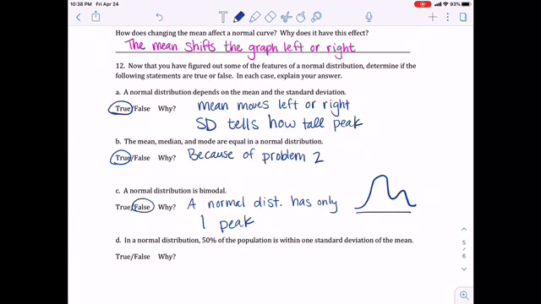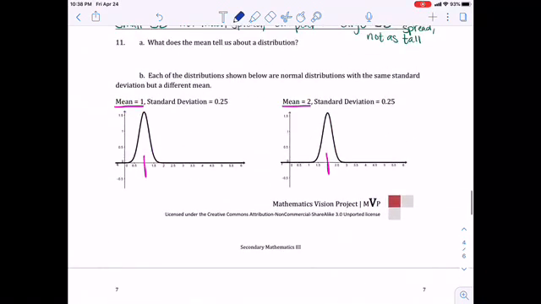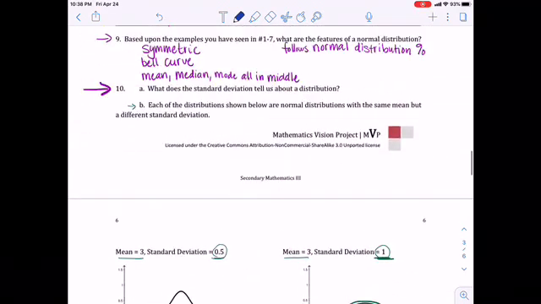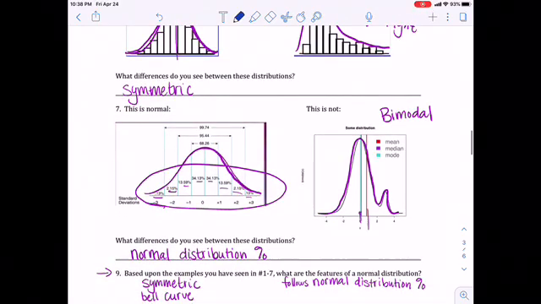The last question, in a normal distribution, 50% of the population is within 1 standard deviation of the mean. Now, do you remember how a few minutes ago we looked at that example that had the percentages in it, and I told you the percentages would be important? Well, let's look back at that example and the percentages.